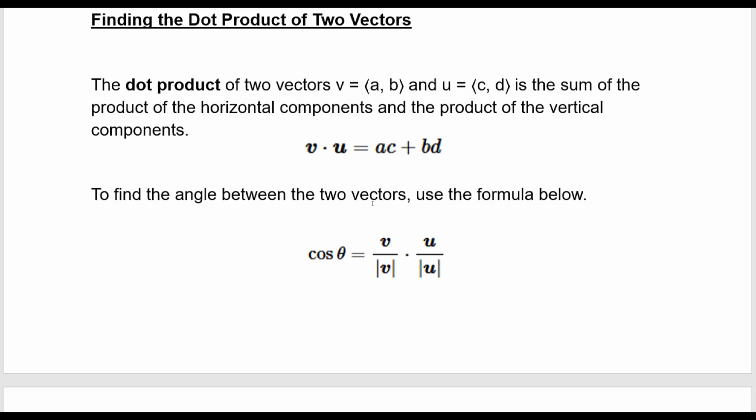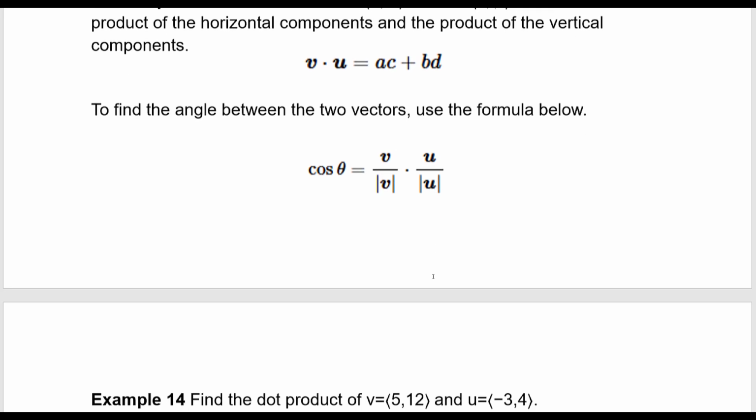Now to find the angle between two vectors, you can use this formula: cosine of theta is v over the magnitude of v dot u over the magnitude of u.